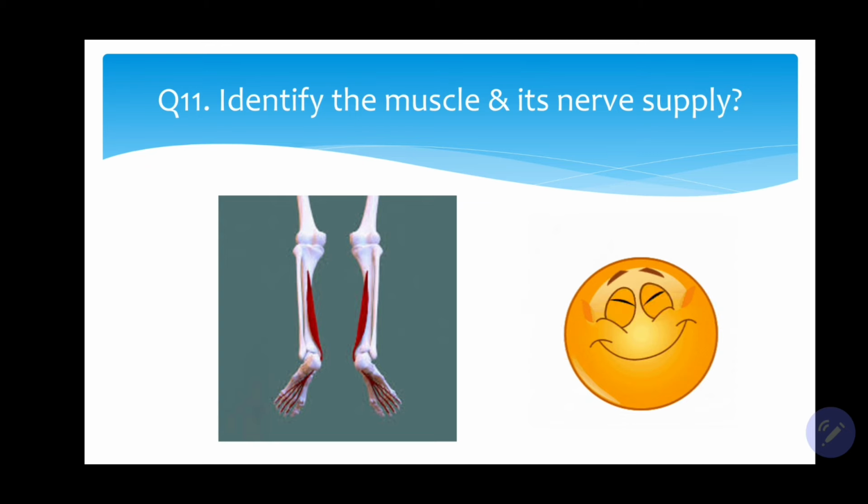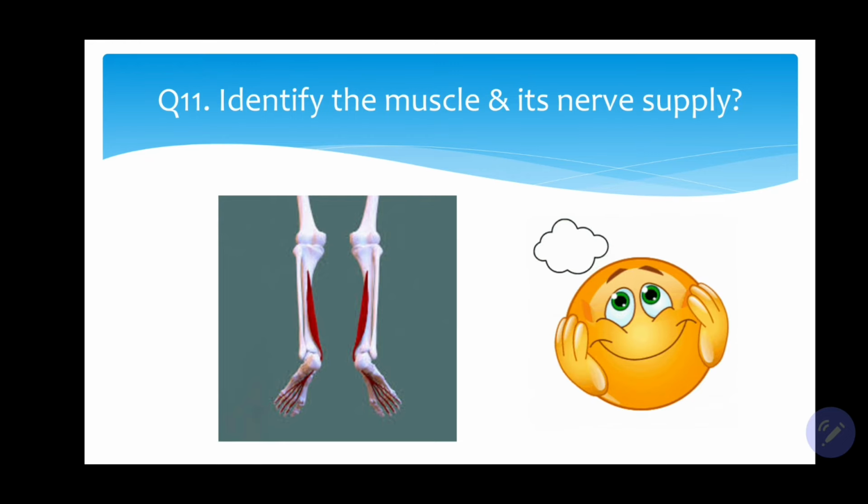The purpose of this muscle is to flex the terminal IP joints, right? To flex the terminal IP joints, that is the prime action of the muscle. Secondary actions will be flexion of the proximal IP joint, flexion of the metatarsophalangeal joints, flexion of the ankle joint, as well as it will also help in inversion of the foot.